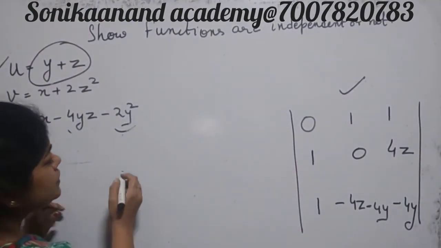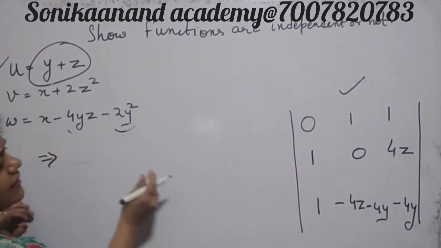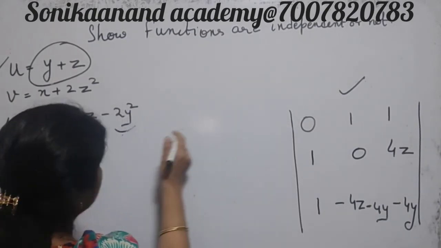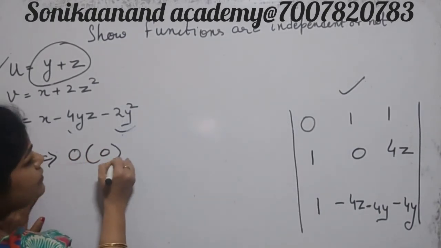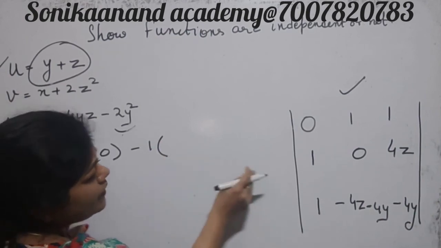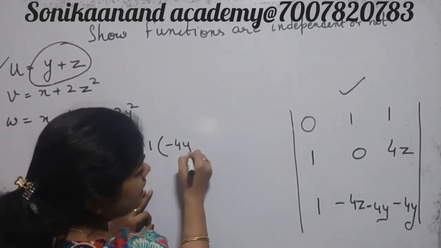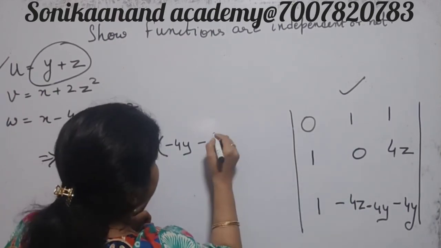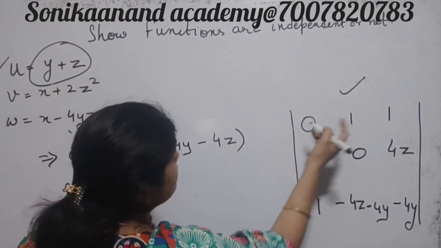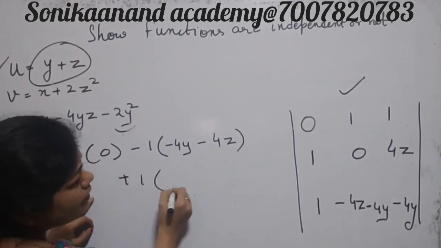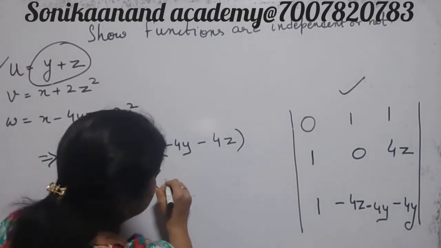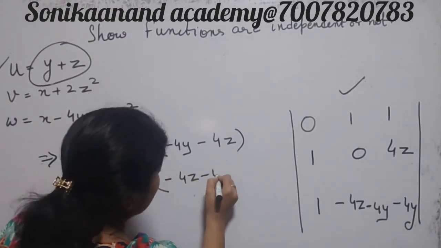So, just like vectors, we solve this determinant. This is 0. The whole term becomes 0. Then minus 1, 1 into minus 4y, then minus 4z. Now the third term, 1 into this, so that is minus 4z minus 4y.